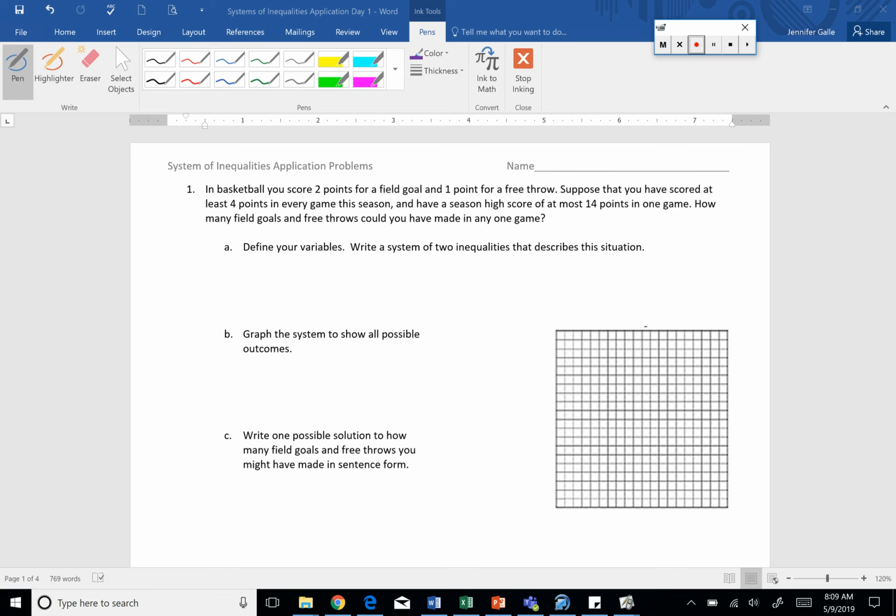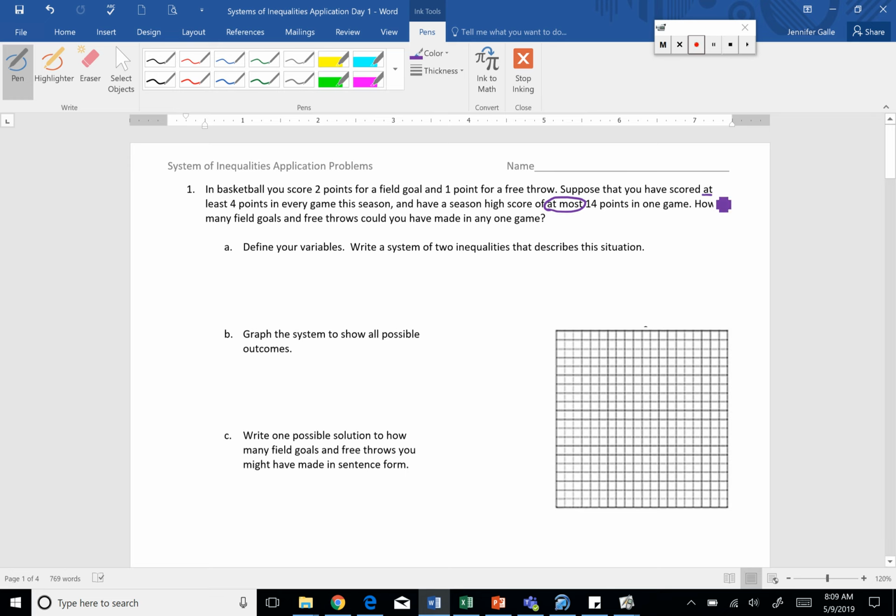What are some of the key phrases that are going to tell us that these should be inequalities and not just plain old equations? At most. Right there. So at most is going to tell us. There's one other phrase in there. It was before at most.